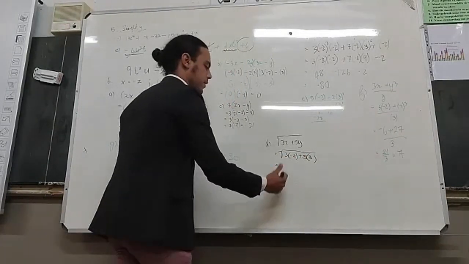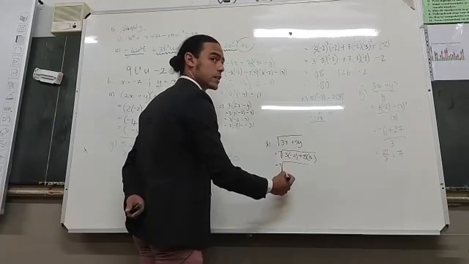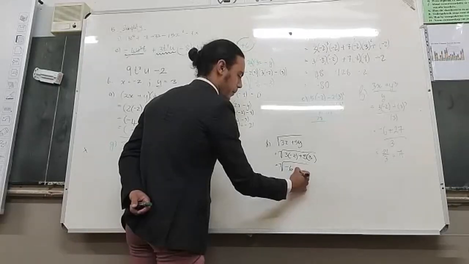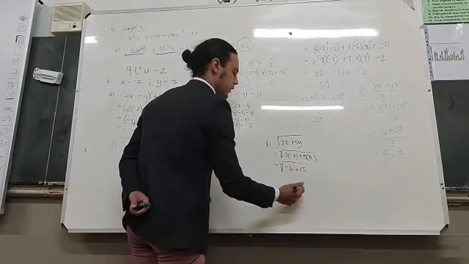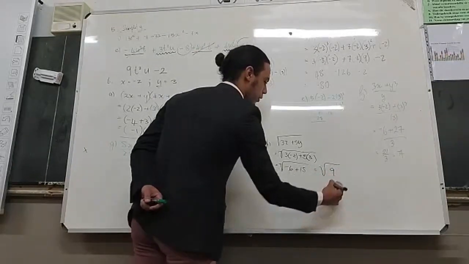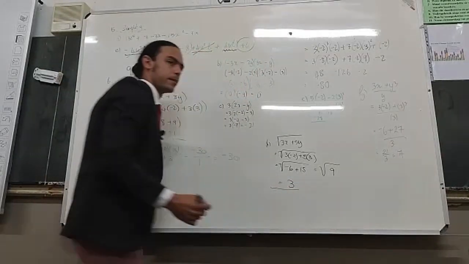So I first go and solve underneath the square root as far as possible. So that's going to be negative 6 plus 15. If I add them up, I get the square root of 9, and I know the square root of 9 is equal to 3.